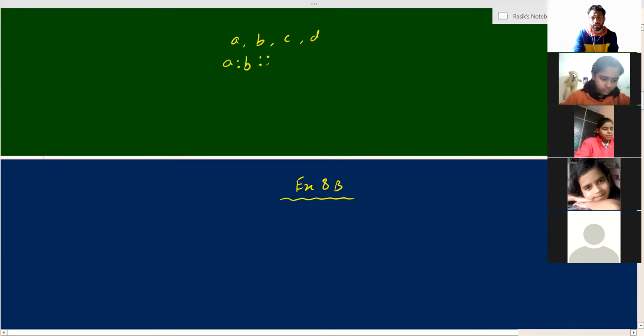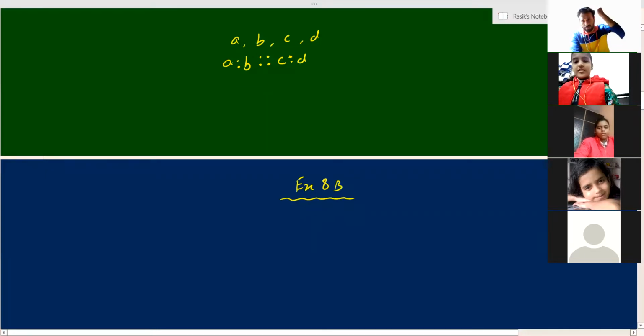A ratio B is proportional to C ratio D. We can also read it as A is to B as C is to D.